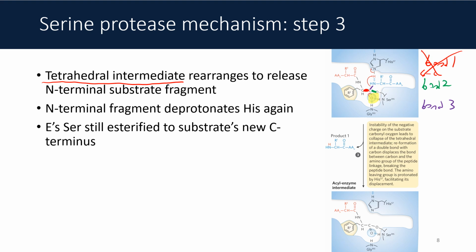In bond number 2, that's the bond between carbon and oxygen. And if we break that, we're going to reform our serine alkoxide. And you know what? That's not impossible. An alkoxide can be a leaving group.